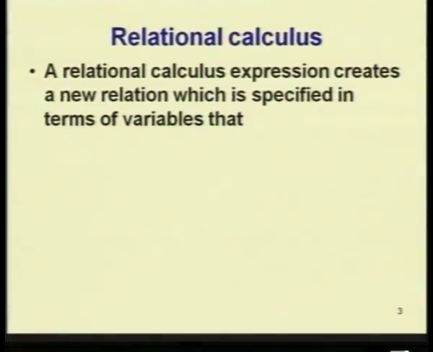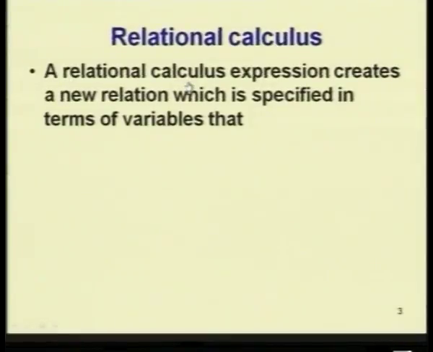Now, a relational calculus expression creates a new relation. Whether it is relational algebra or relational calculus, the formal models of databases use a table, do some operation on the table, and the output is again a table.